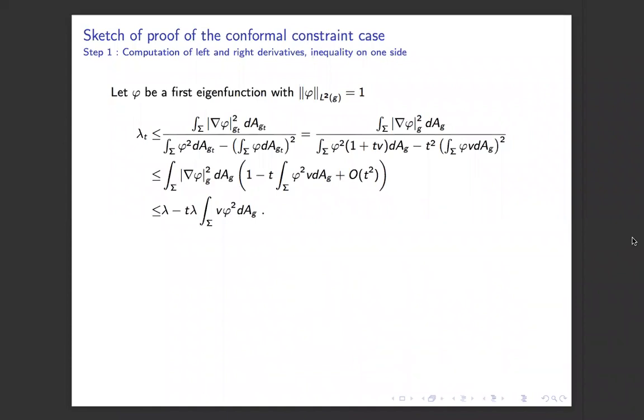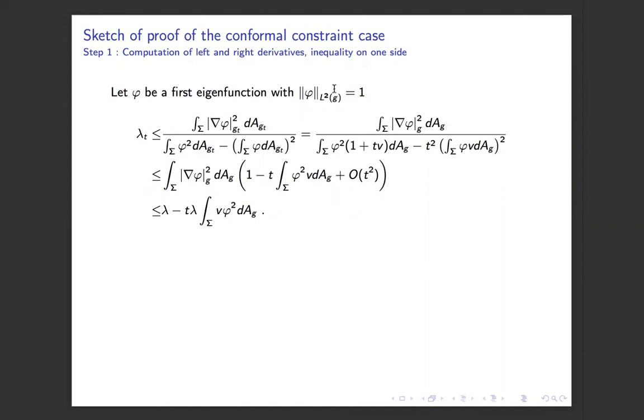So first, we aim at proving that the eigenvalue associated to this variation converges to the eigenvalue as t goes to 0. So it is the zero order term for the Taylor expansion of the eigenvalue.